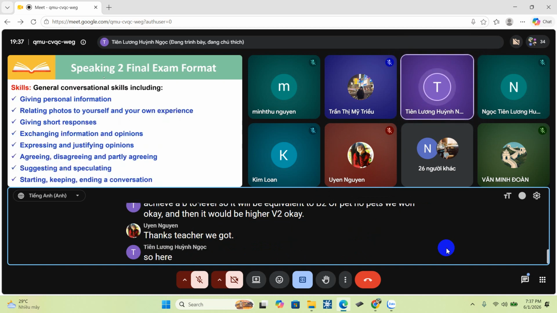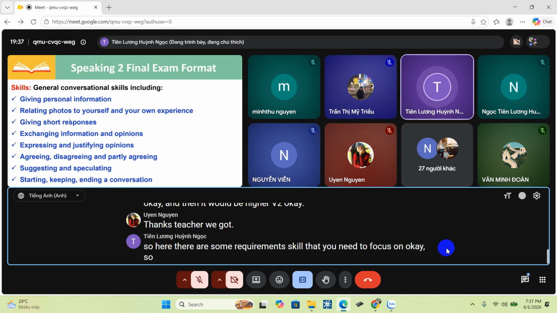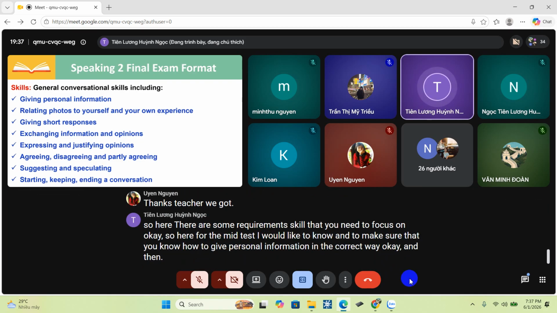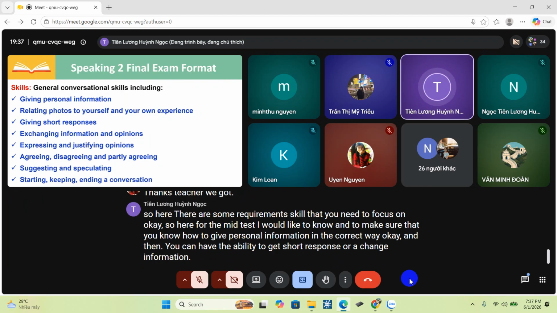So here, there are some required skills that you need to focus on. For the midterm test, I would like to make sure that you know how to give personal information in a correct way, and that you have the ability to give short responses or exchange information and opinions.